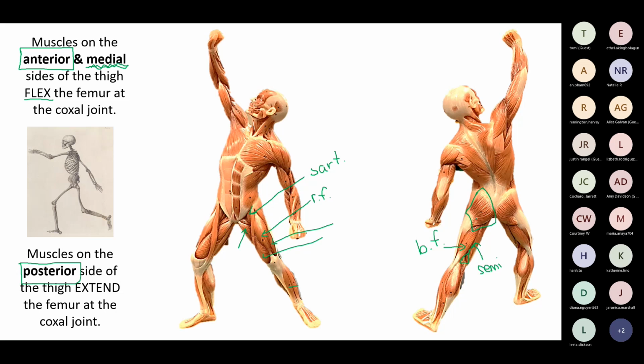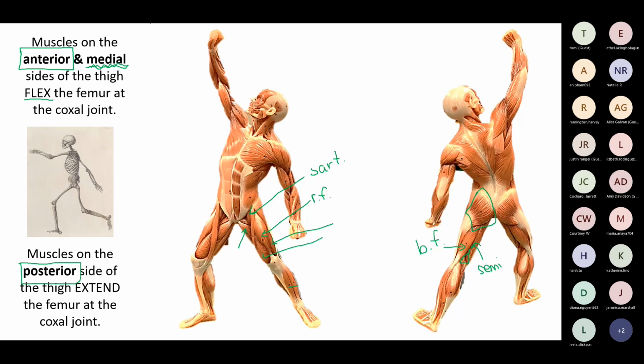Would we consider that gluteus maximus is on the front or the back of the leg? Anyone can answer that, not just Courtney. Yeah, so we're going to consider that the gluteus is on the back of the leg, which means that the gluteus is going to pull the femur backwards. The gluteus is going to do extension.